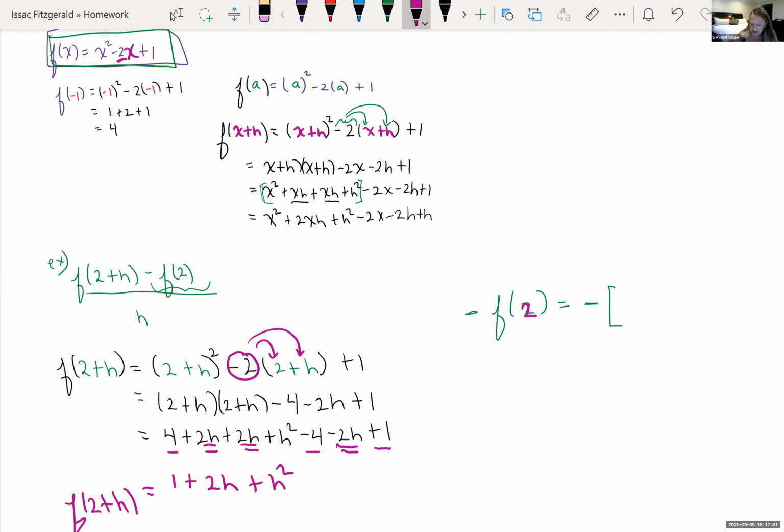So I'm going to put parentheses. I'm going to plug in 2 and square it, minus 2. I see an x, so I'm going to put parentheses, plus 1. So this is equal to negative. So 2 squared gives us 4 inside here. Minus 2 times 2, so that's plus 4. And then plus 1.